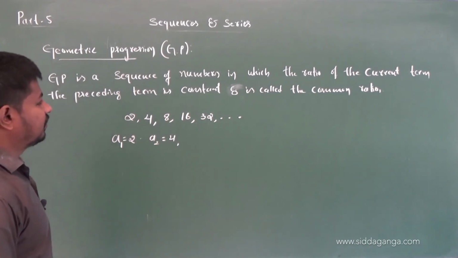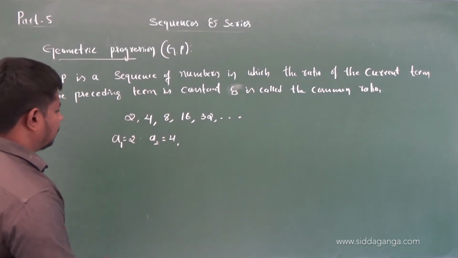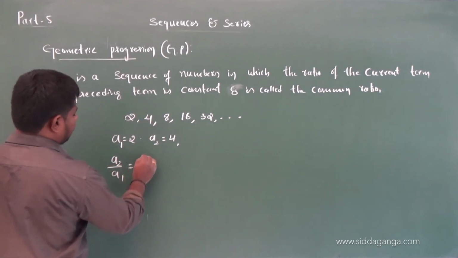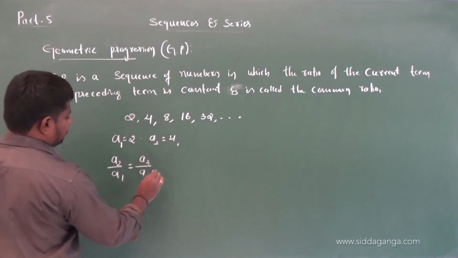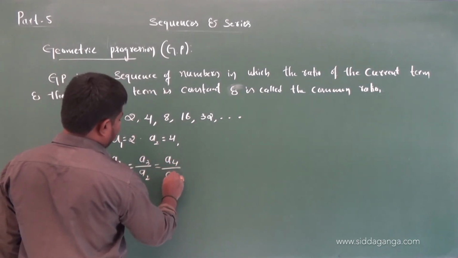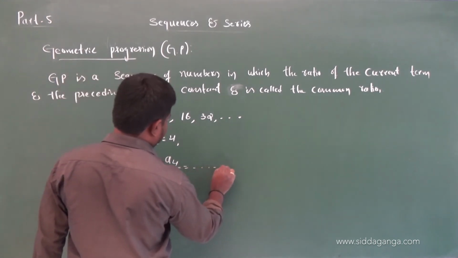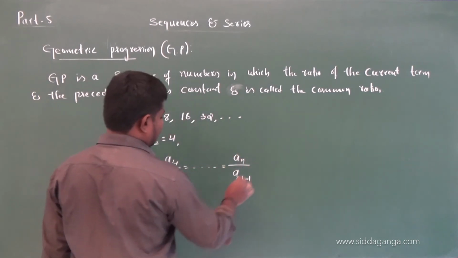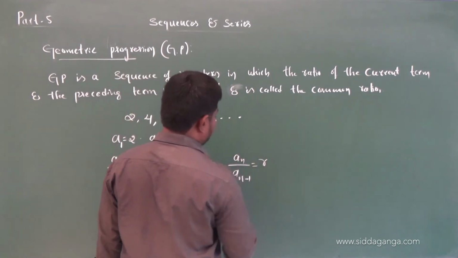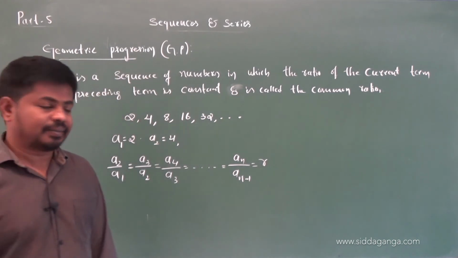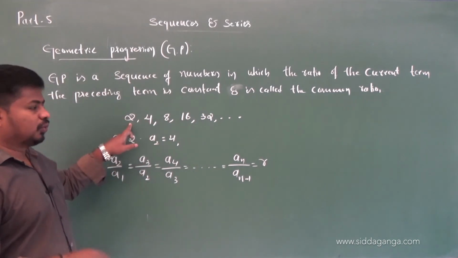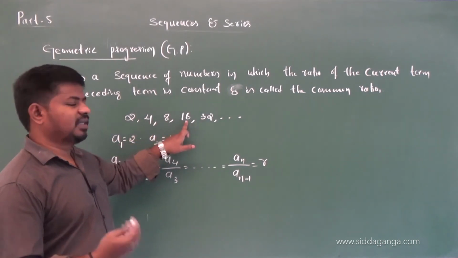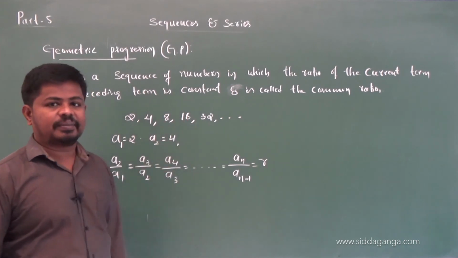So the ratio a2 by a1 is equal to a3 by a2, equal to a4 by a3, equal to an by an minus 1, should be the same, and we take it as the common ratio, denoted by R. See, 4 by 2 is 2, 8 by 4 is 2, 16 by 8 is 2, 32 by 16 is 2, and so on. This is the best example for the common ratio.